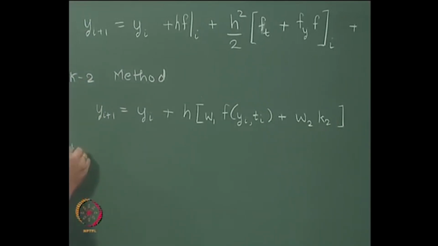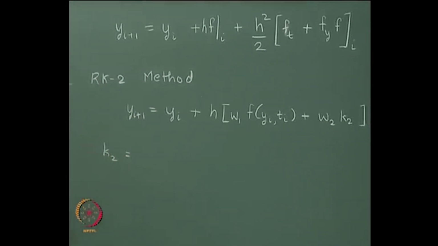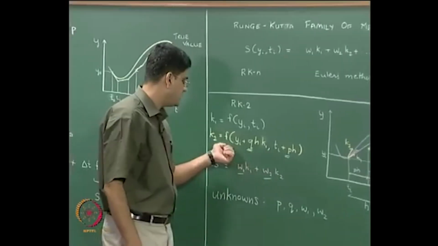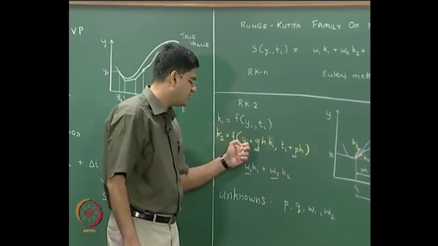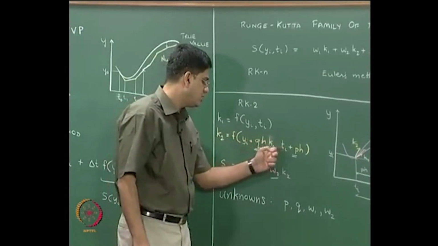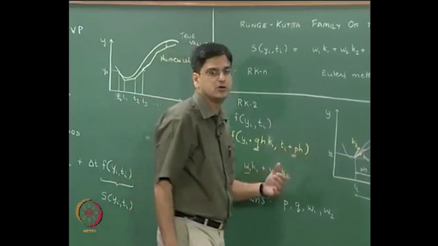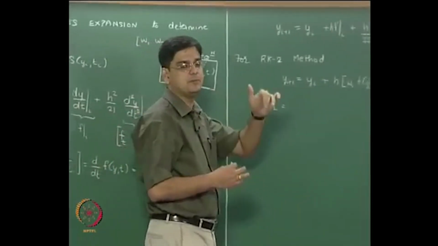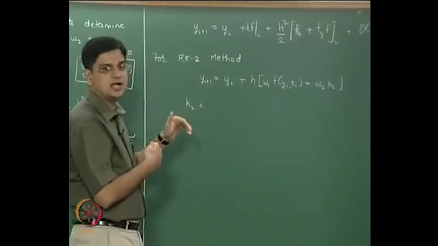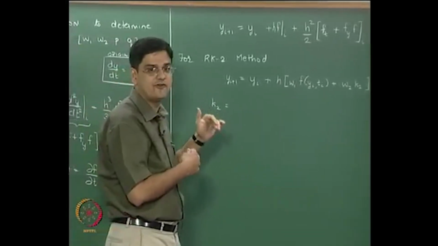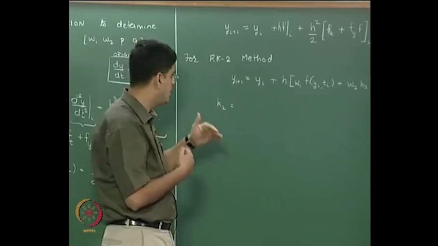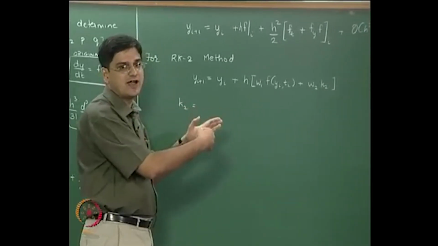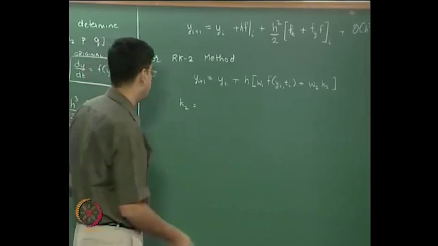Now K2, we will also write down the expression for K2. Okay, we go back over here and we find that the expression for K2 is f at y_i plus q h k1 comma t plus ph. So in time we have t_i plus p multiplied by delta t, and in the dependent variable y we have y_i plus q multiplied by delta y, and delta y is nothing but h multiplied by k1.